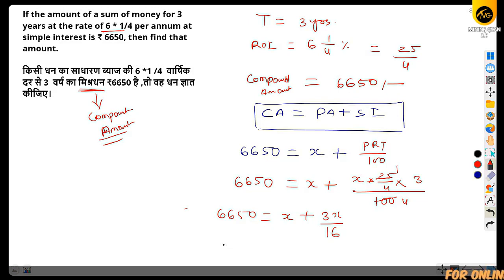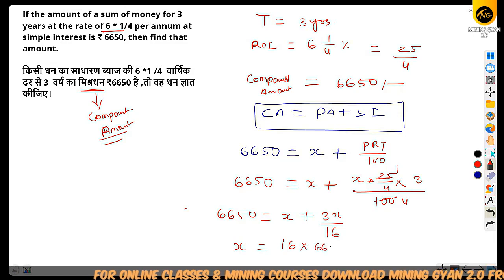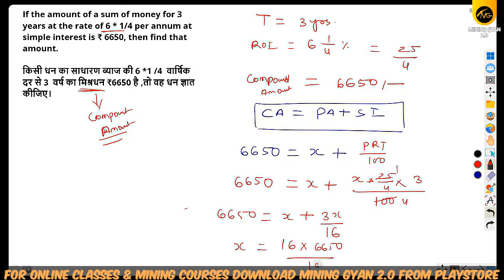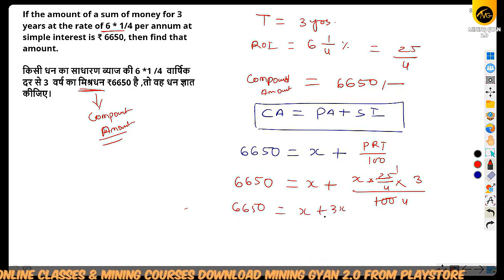Now x is equal to, just a second, 6650. Okay, 16 into 6650 and divided by 19. That is what it will be, because 16x plus 3x divided by 16 gives 19x divided by 16. Okay, let me write this clearly so that there is no confusion. 6650 is equal to x plus 3x divided by 16.